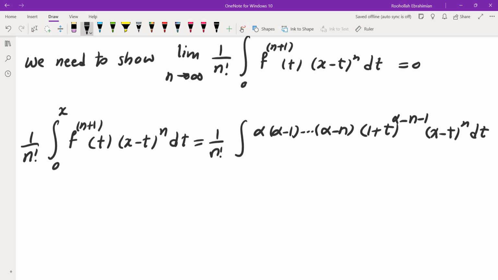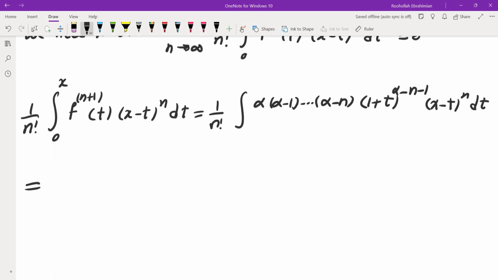So now if you look at this expression, we can rewrite this as the α(α−1) all the way to (α−n) are just constants, so we can take them out. α(α−1)...(α−n) over n factorial, and then the integral from 0 to x.